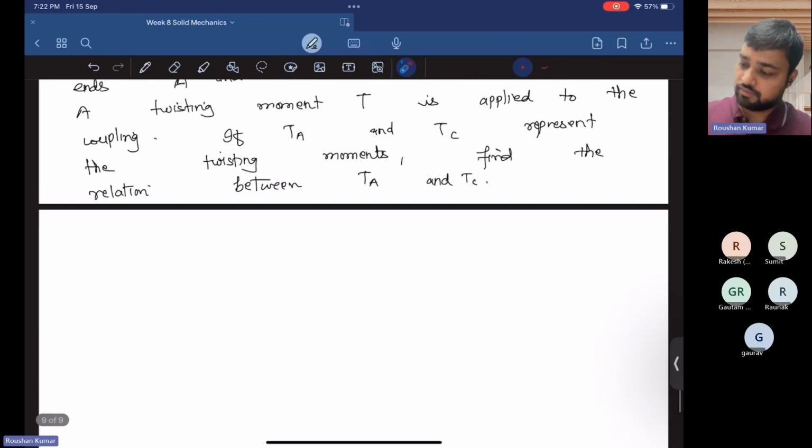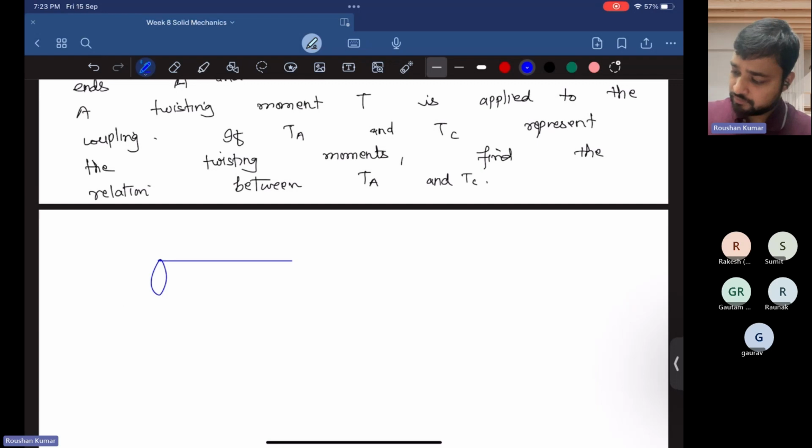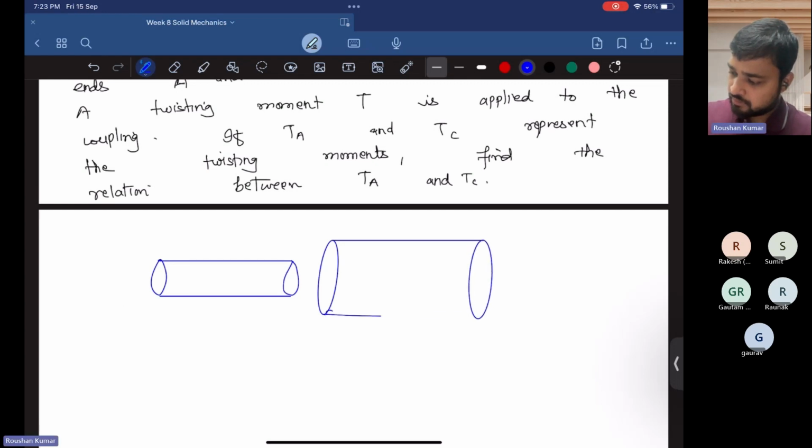For reference, I am drawing one figure. We have two shafts, with twisting moments TA and TC, and they are joined by a coupling.